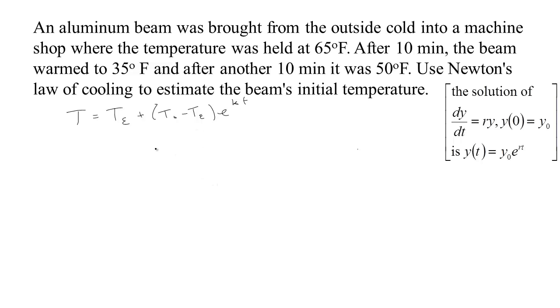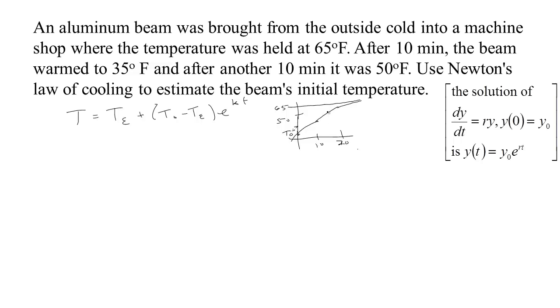We do know that after 10 minutes the temperature was 35, and we're approaching 65. After another 10 minutes, at 20 minutes, we know that it was up to 50. So we should be able to figure out back here what was the initial temperature of the beam.